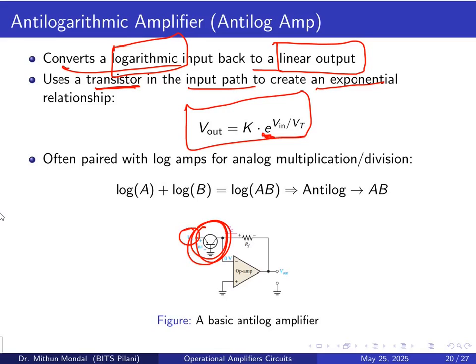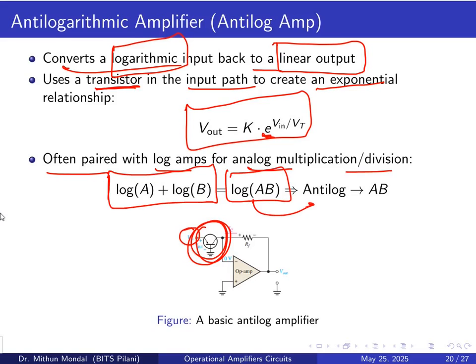In the previous case, we had the logarithmic factor. This is often paired with log amps for analog multiplication and division. This is based on the fundamental that log A plus log B will be equal to log of AB. And if you take the anti-logarithm of that, you will get AB only. Based on this principle, the anti-log amplifier works, where the difference is we are using the BJT in the input path.